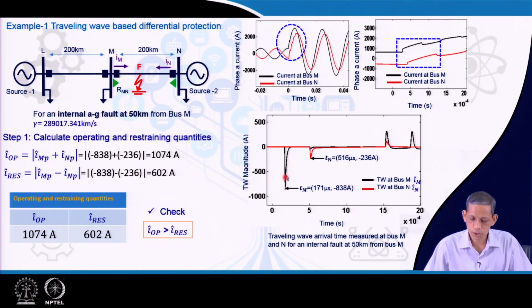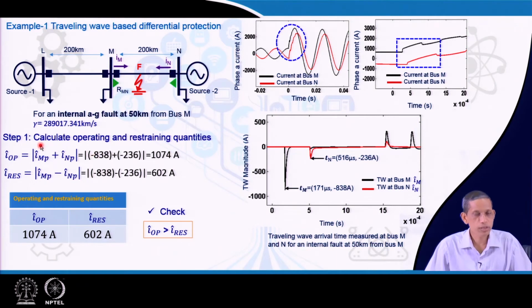So, this is positive, this is negative, and so also the red one is negative, and our focus for the differential is the first peaks at M n and N n, black and red respectively. The first peak gives us, at 171 microseconds as recorded, minus 838 ampere, and this one is minus 236 ampere.